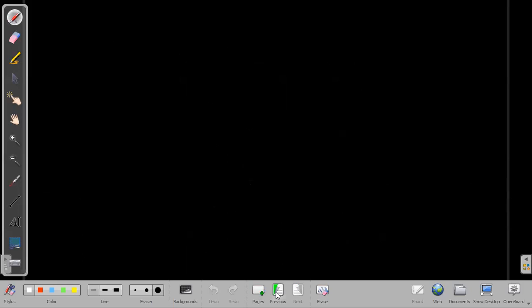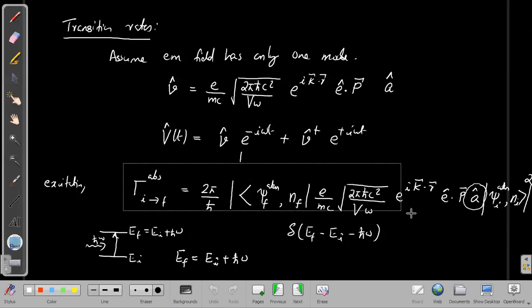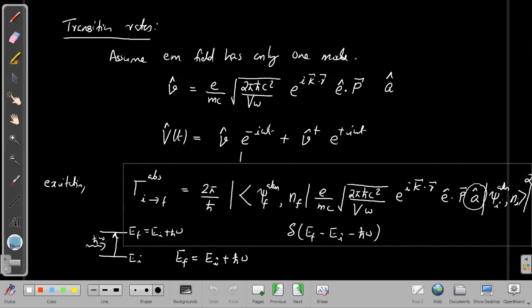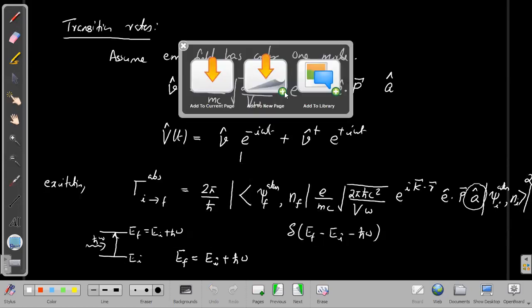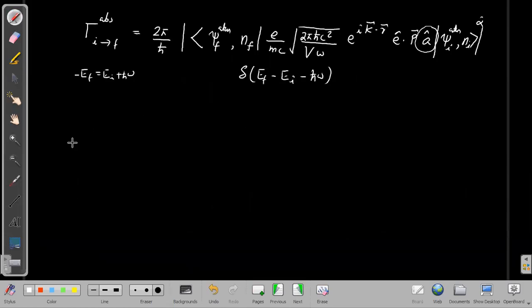Better I will copy this term to the next page. So this can be written as 2 pi by h cross. We can take some of the constants outside, so e square by m square c square, 2 pi h cross c square divided by capital V omega, and all other terms would be inside.